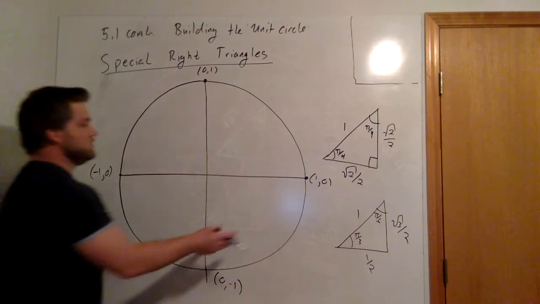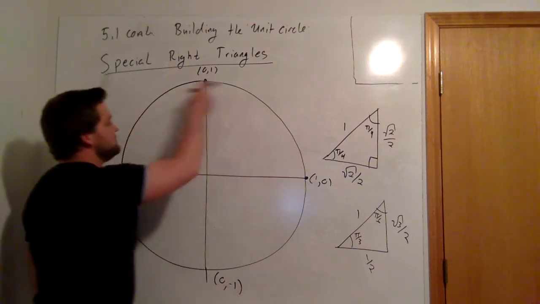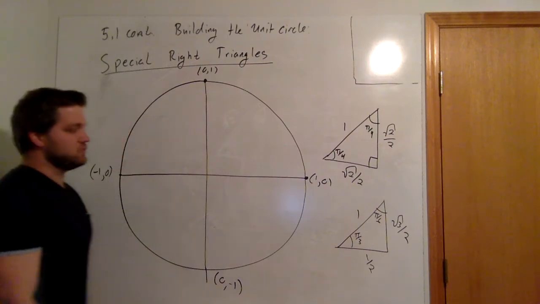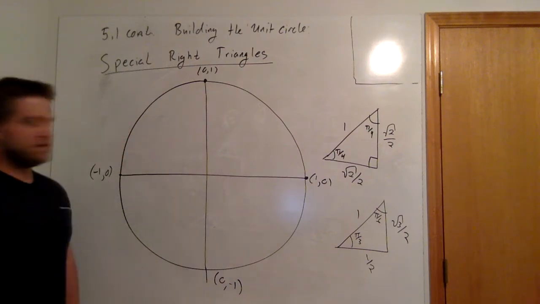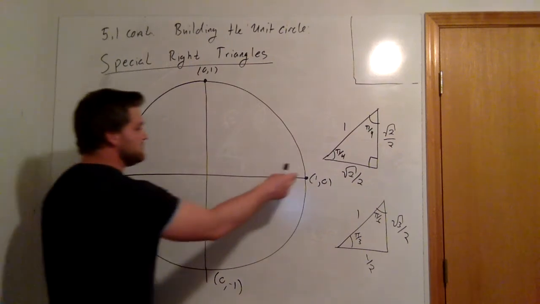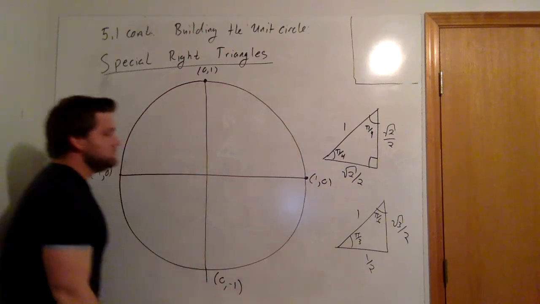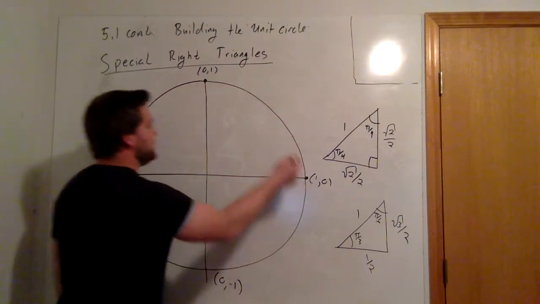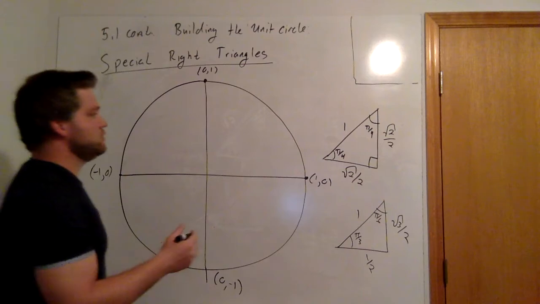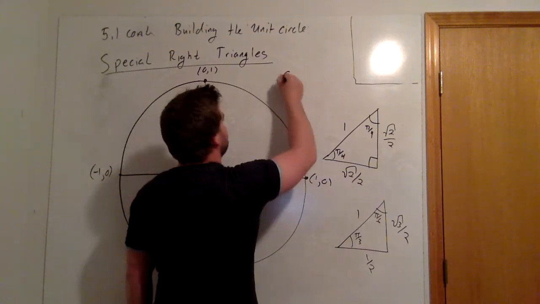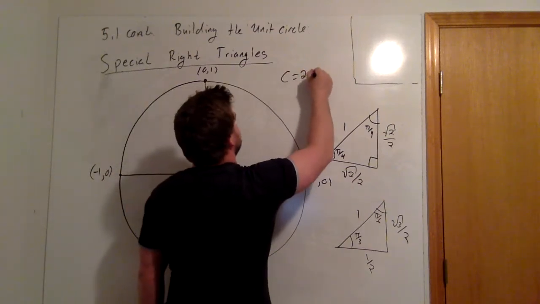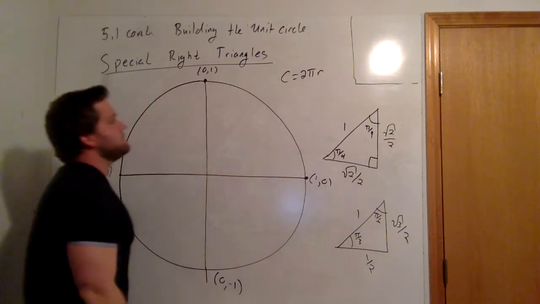Since this is a circle of radius 1, if I want to think about the distance I've traveled, we can think about this in terms of radians. Because remember what a radian is: it's the number of radiuses we've walked around the circle. So how many radiuses go into a whole circle? Well, remember that the circumference of a circle is equal to 2 pi r.